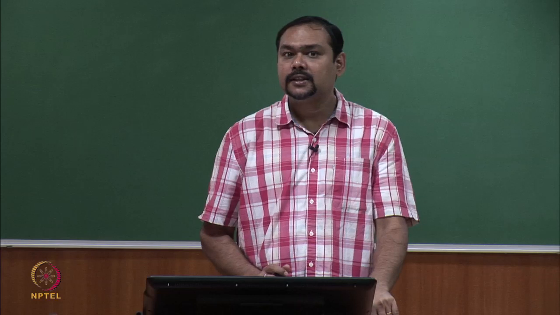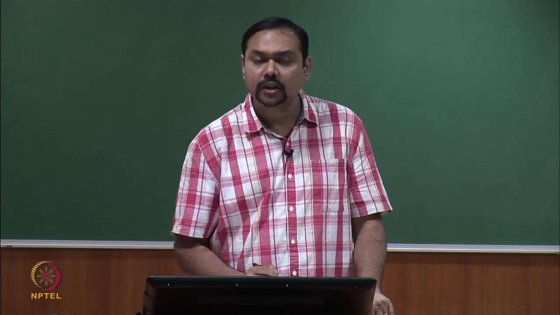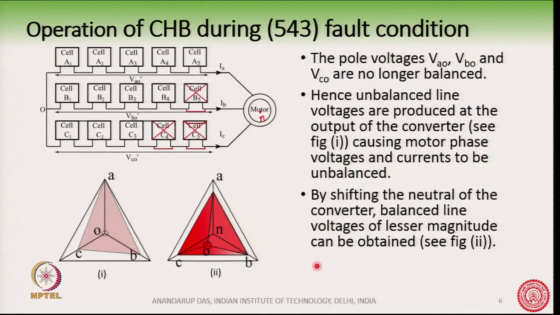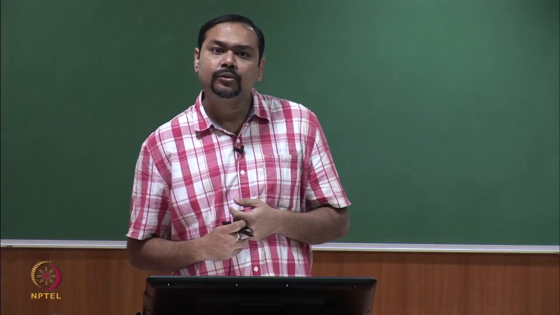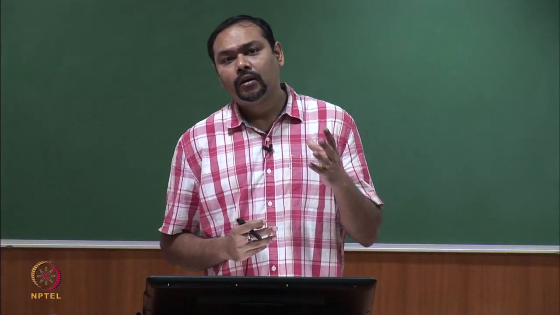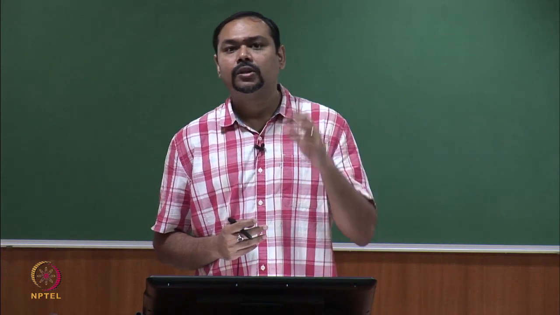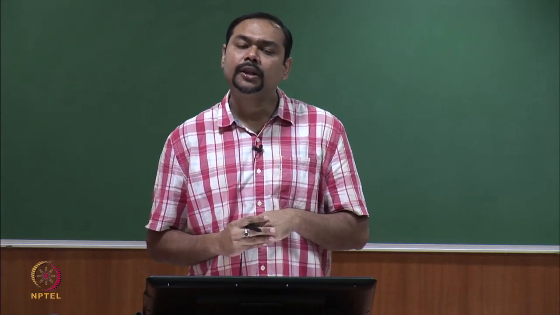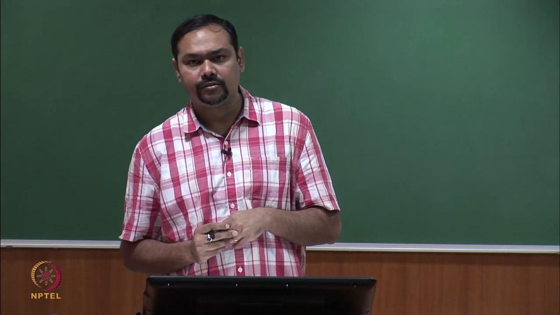Which means this is a common mode voltage which is present in all the three phases, and this common mode voltage cannot allow a current to flow, because the points O and N are isolated from each other. But we are able to produce balanced line voltages of a lesser magnitude, and so the motor can be run with a lesser voltage magnitude. This is possible.